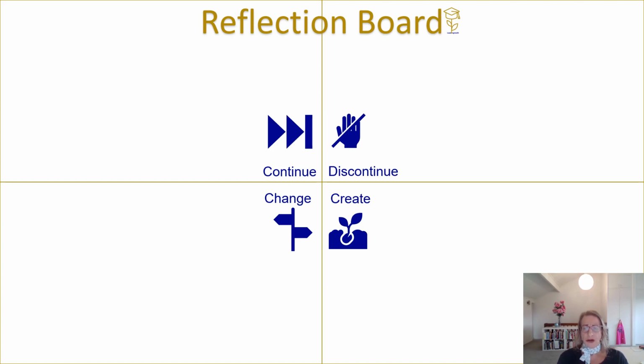If you're doing it synchronously, which means all together, I would suggest that you allocate roughly about 10 minutes or so per box. It could even go up to 15 minutes, but 10 is sufficient, because I have found over the years that this activity works best when it's completed in about a 30-minute time box.